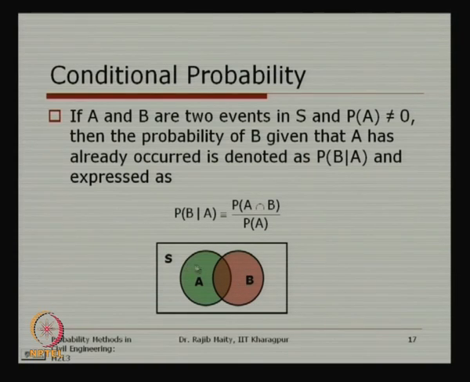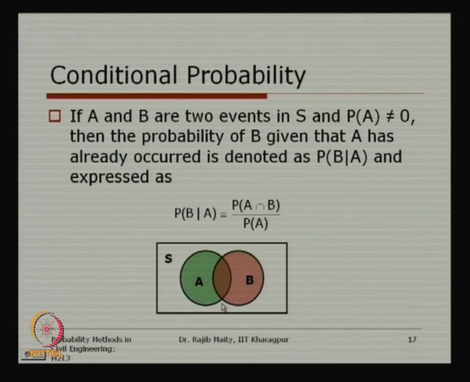Now, as you can see in this Venn diagram, this is the area that corresponds to event A, and this red area corresponds to B, and the overlap between A and B is nothing but the intersection of these two. Now, if we want to know the probability of B, this can be obtained from the technique that we discussed in the previous class.